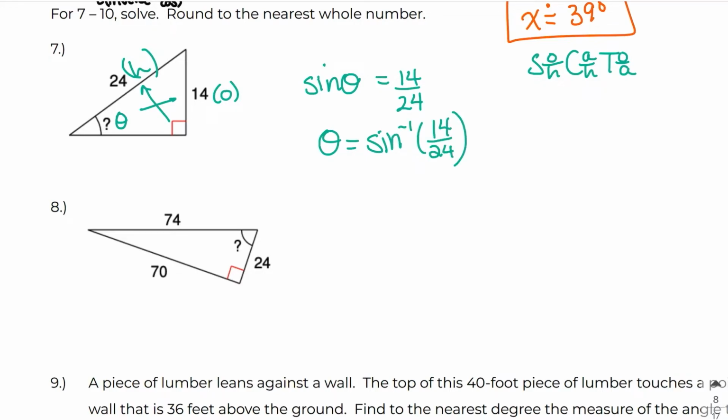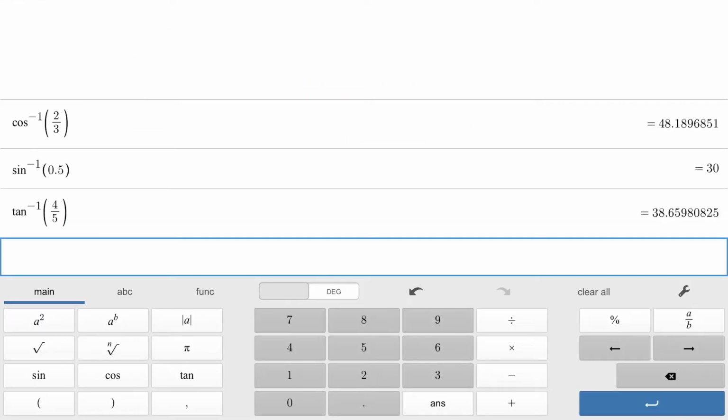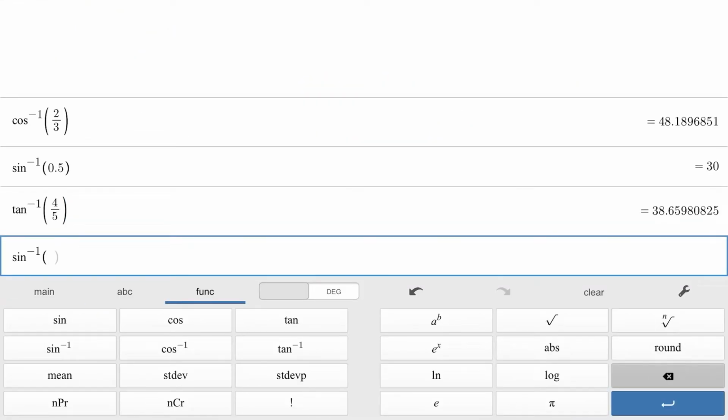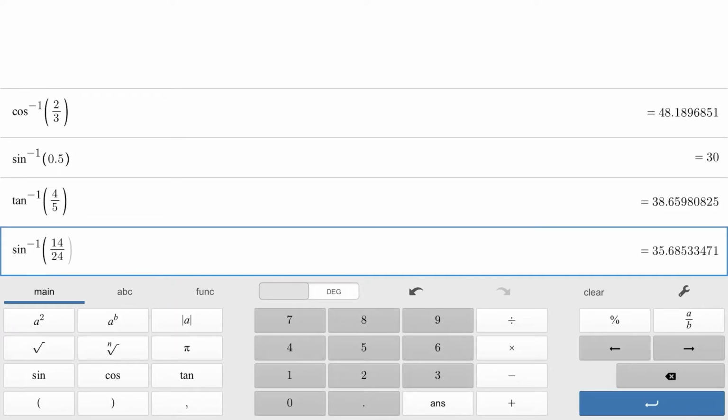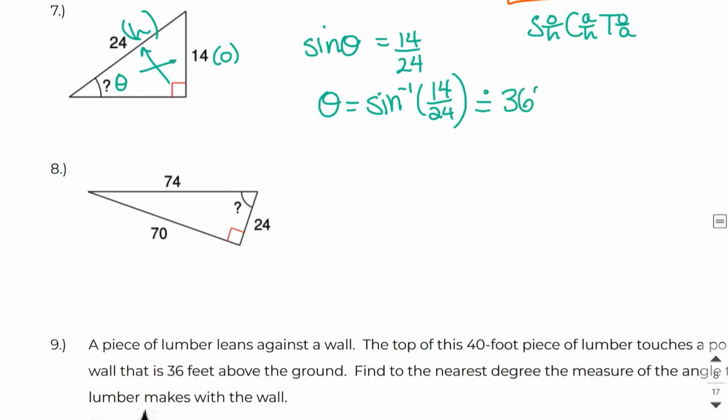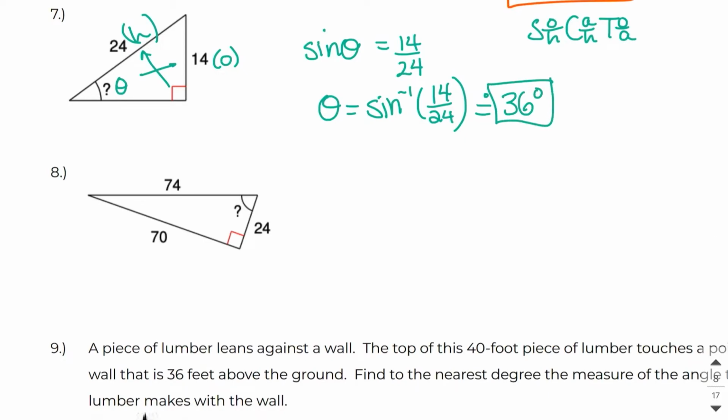Again, I'm telling my calculator, what angle will give us opposite over hypotenuse equal to 14/24? So let's go ahead and type that into our calculator. It says round to the nearest whole number. So go to function, go to inverse sine, go back to main, type in 14/24, and I end up getting 36 degrees. So this right here is approximately 36 degrees. And this is my final answer for number 7.